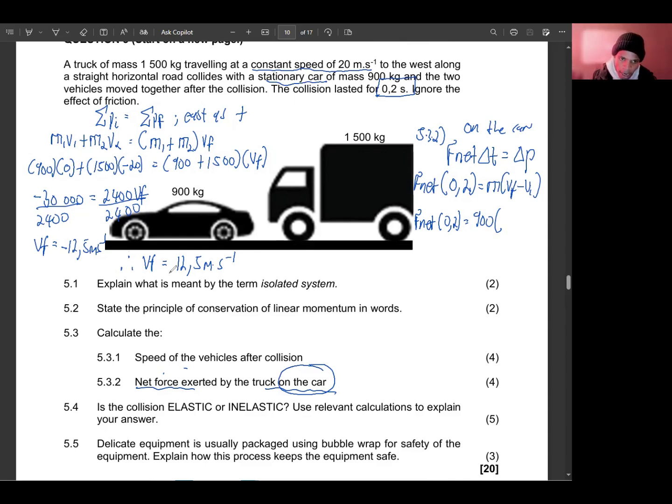So this velocity that we calculated here now applies for both the car and the truck, meaning our final velocity is negative. So this is where the direction is important. 12.5 minus initial velocity, which is what? 0, because initially it was just stationary. Then we are going to have F net and then 0.2.